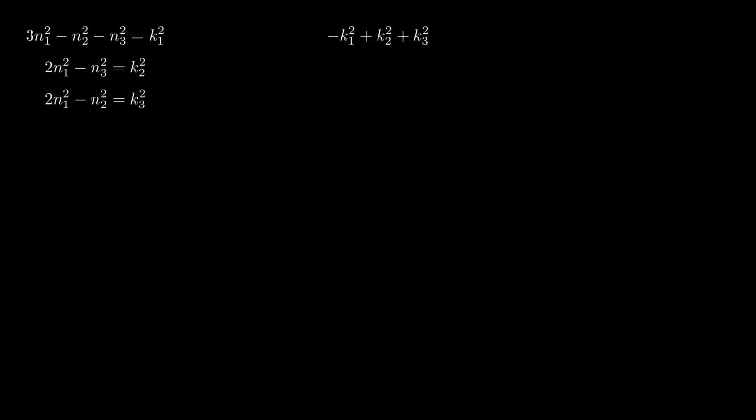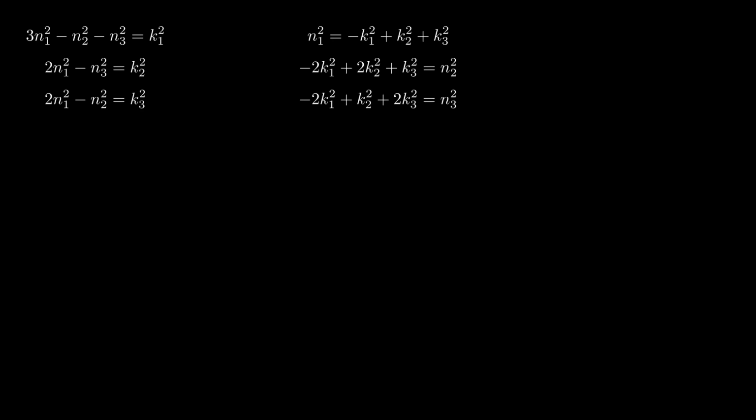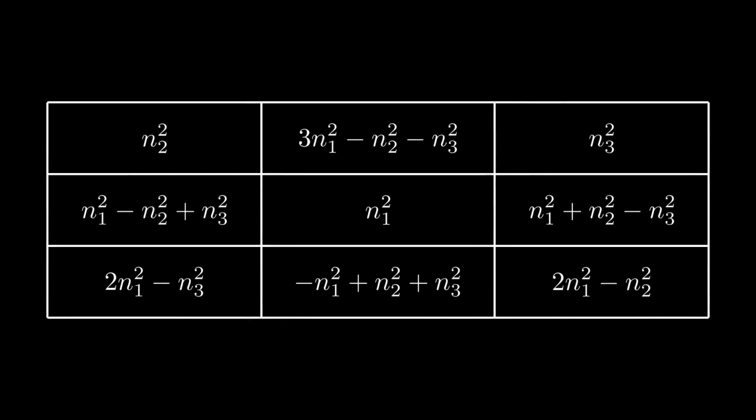Now to do a similar exercise, which is to get n1, n2, and n3 defined on their own and only in terms of k1, k2, and k3. Now that the 3 variables are defined in terms of k1, k2, and k3, I can take the table of n's and convert them all into k's.